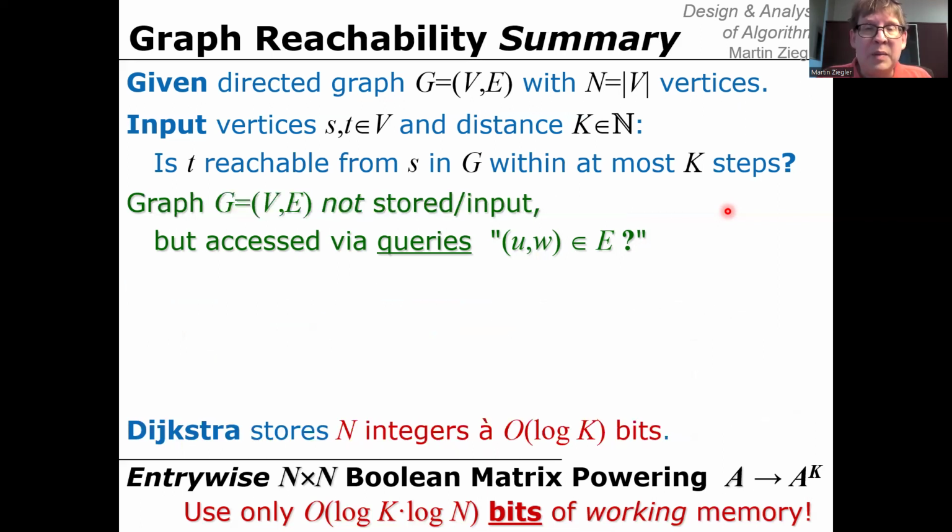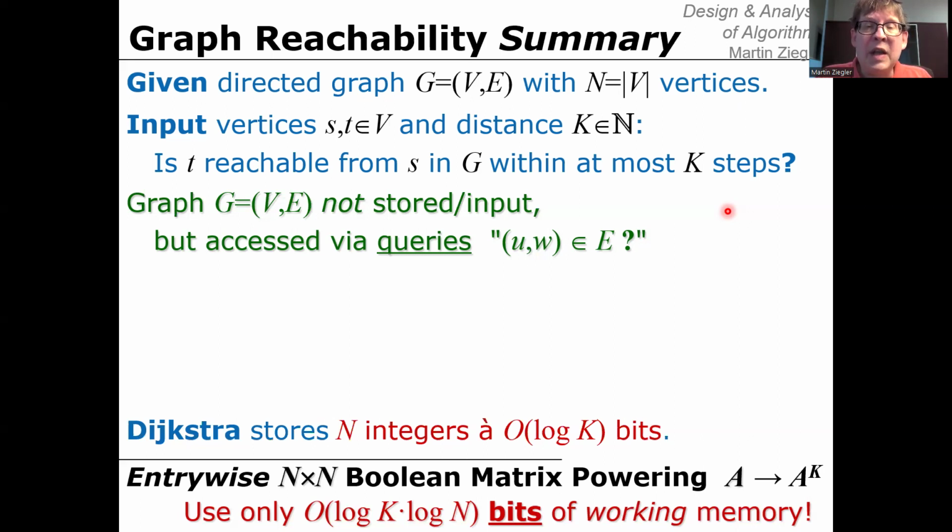And since we already have this algorithm for Boolean matrix powering, we're going to use that. And we're going to use the classical observation, which you probably have already learned in discrete mathematics, that the original adjacency matrix captures which vertices can be reached within 1 step, namely whether there exists a directed edge.